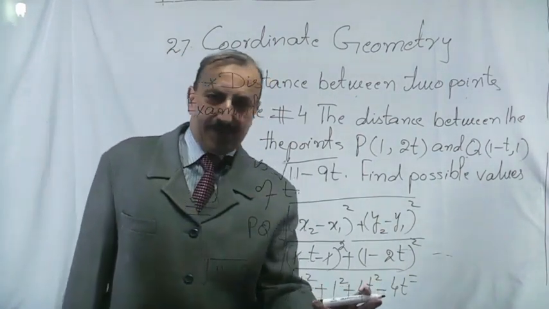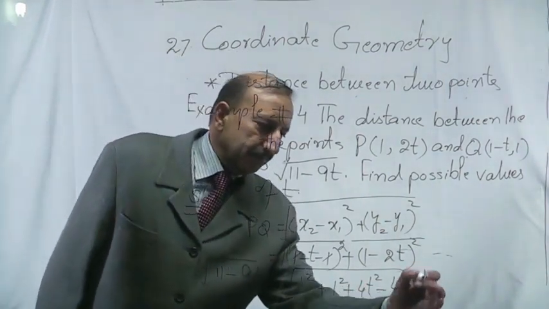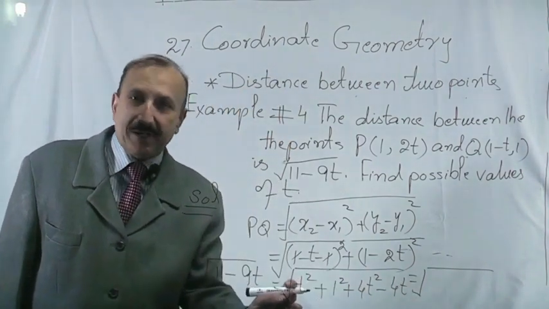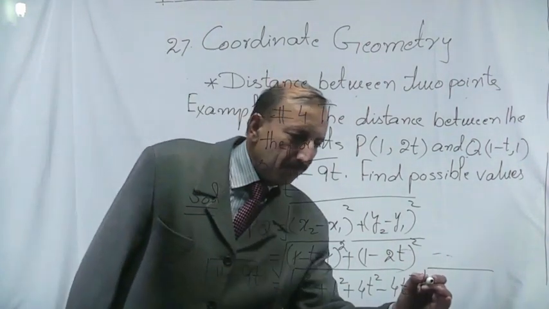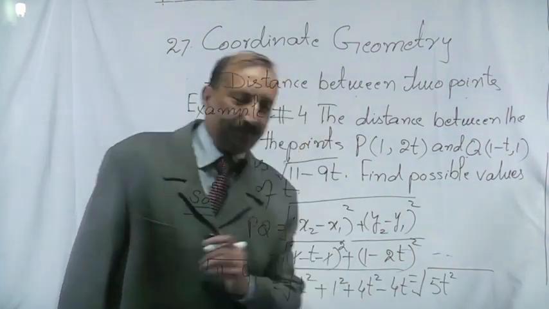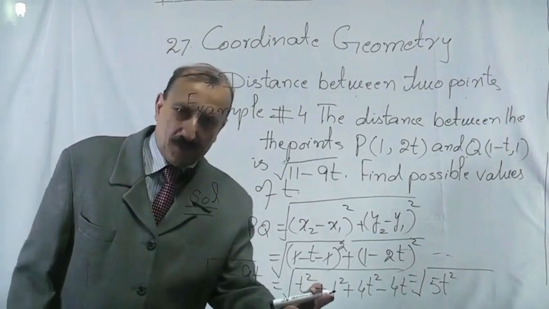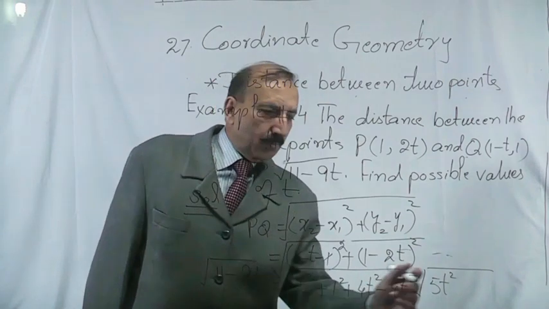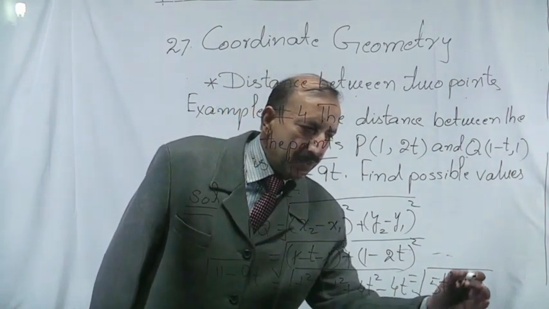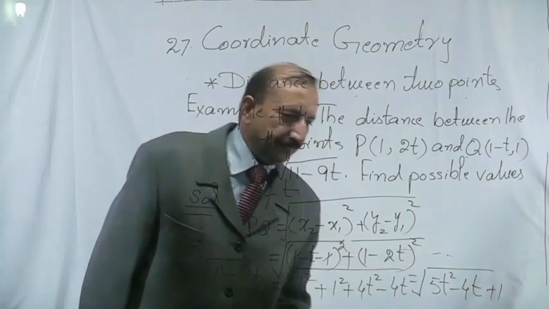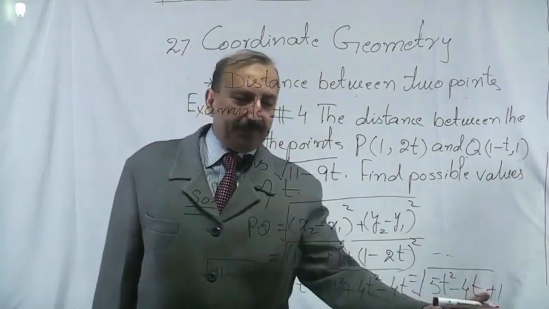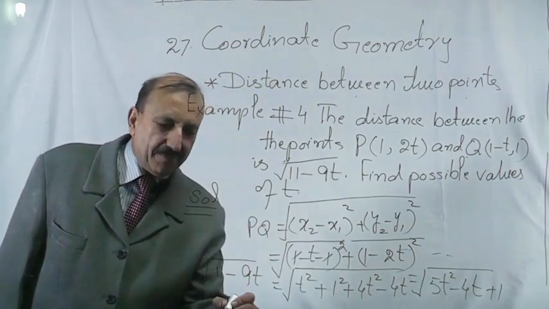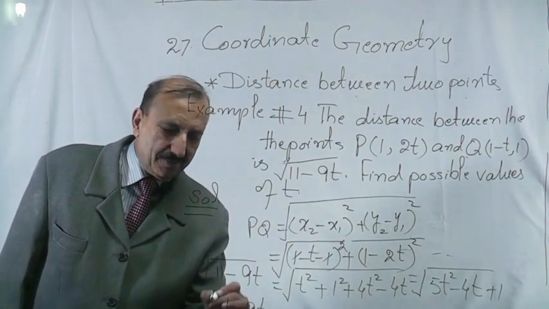If we simplify this side, this will become 4t square, and when we add this 1t square, it becomes 5t square, and 1 square is still 1, and minus we have 4t and plus 1. This is the simplified expression here, and we will put it equal to 11 minus 9t.